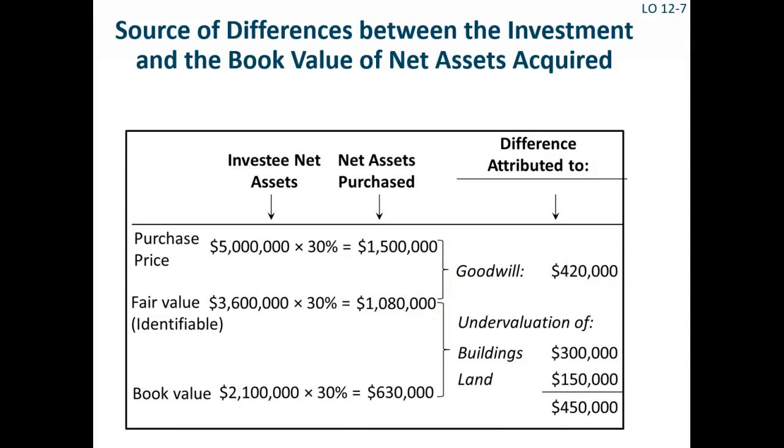The book value of 30% of Argent's identifiable net assets is $630,000. The $450,000 difference between the fair value and the book value is attributed to undervalued buildings, $300,000, and land, $150,000. Let me show you where those numbers came from.